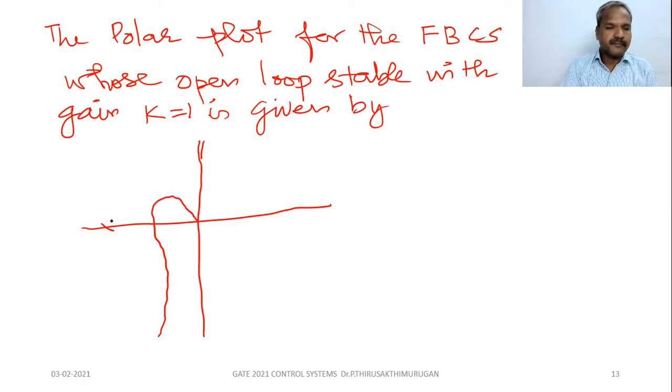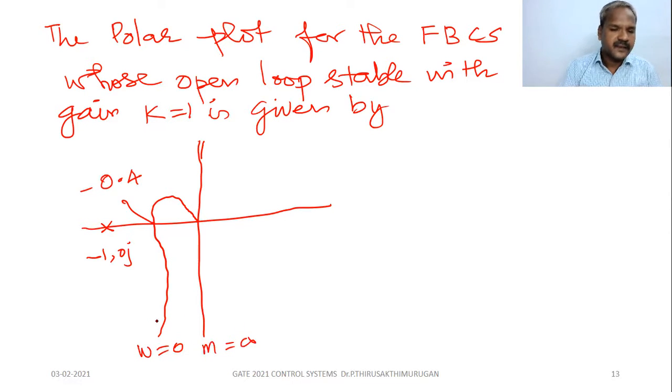So this is the minus 1, 0 j. Okay, this point of intersection is minus 0.4. So when omega is 0, magnitude is infinity. So omega is increasing in this fashion.